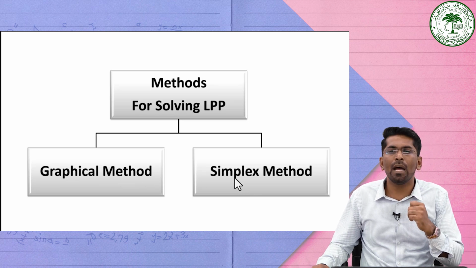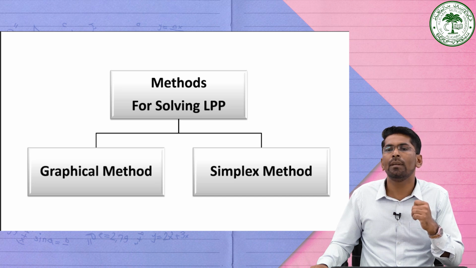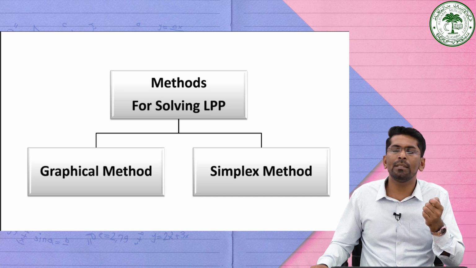By using the graphical method or the simplex method, you can find the solution for the linear programming problem. These two methods we will discuss in the upcoming classes, and I hope the formulation of the linear programming problem is clear to you. We will see in the next lecture. Thank you.